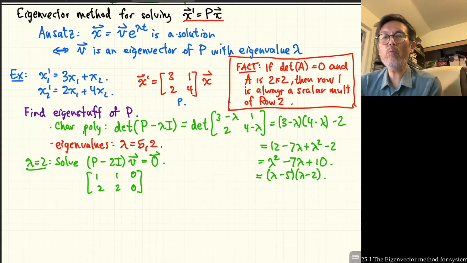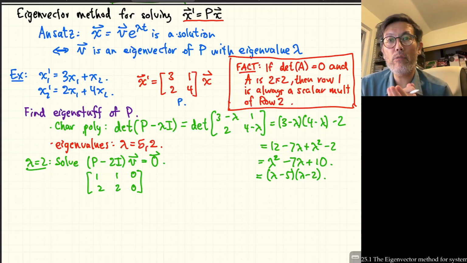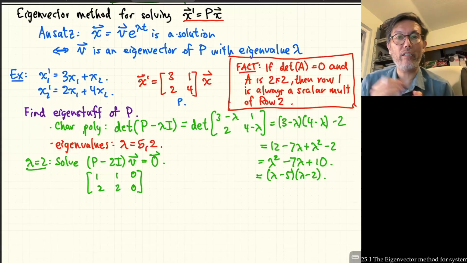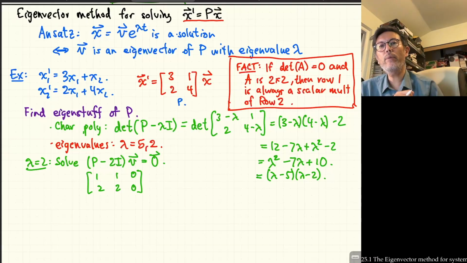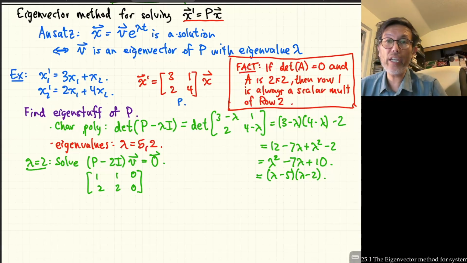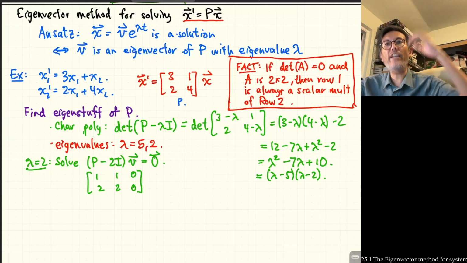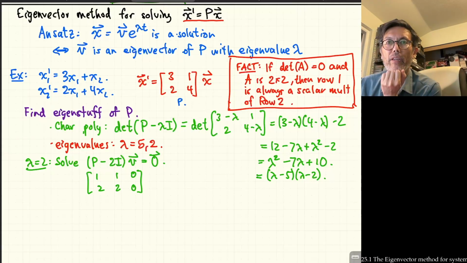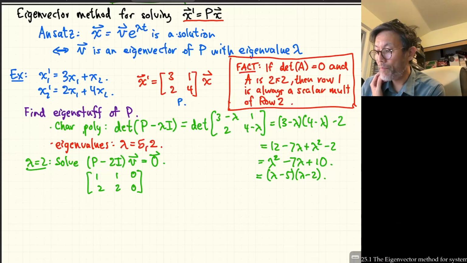Why is that so? Well, you can think about it. If you start with the condition that the determinant of a 2 by 2 matrix is 0, you're going to see that that sets up a kind of relationship between the entries of the matrix, which necessarily implies that the first row is a scalar multiple of the second row. Okay, but we see that manifestly in this matrix here.